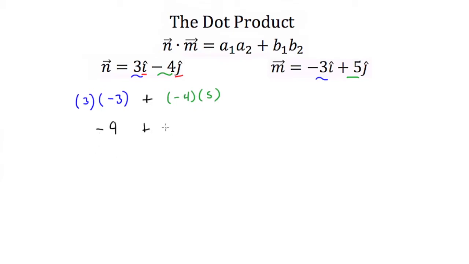We're going to add that to negative 4 times 5, so negative 20, and this is equal to negative 29. So the dot product of vector n dotted with vector m is equal to negative 29. Again, we started with two vectors and we ended up with a scalar.